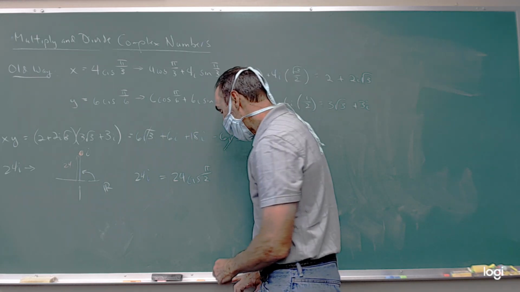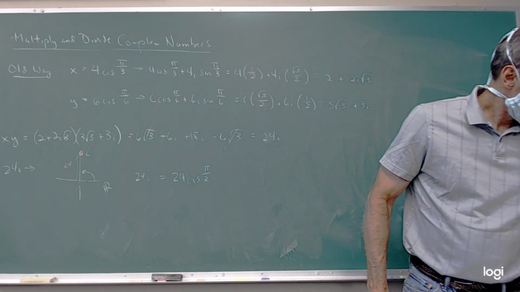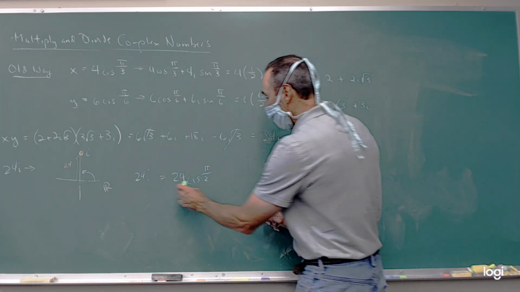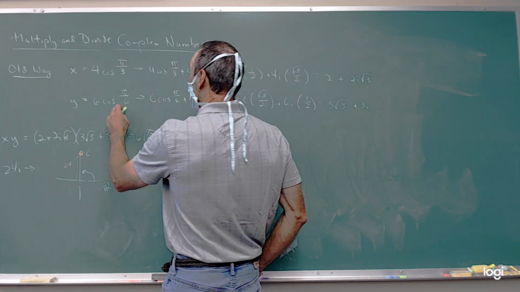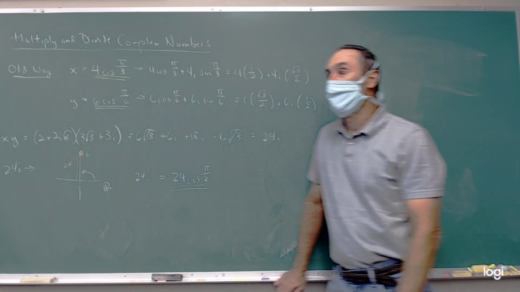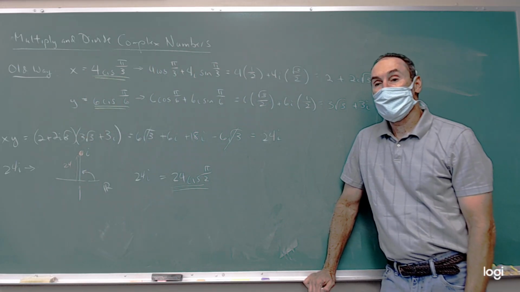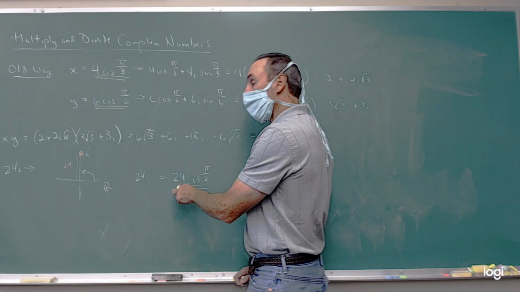Okay? Now, we're going to squint at this thing here, our answer, and also squint at where we started. Now let's see, what happened when we multiplied x times y? What about this 24?